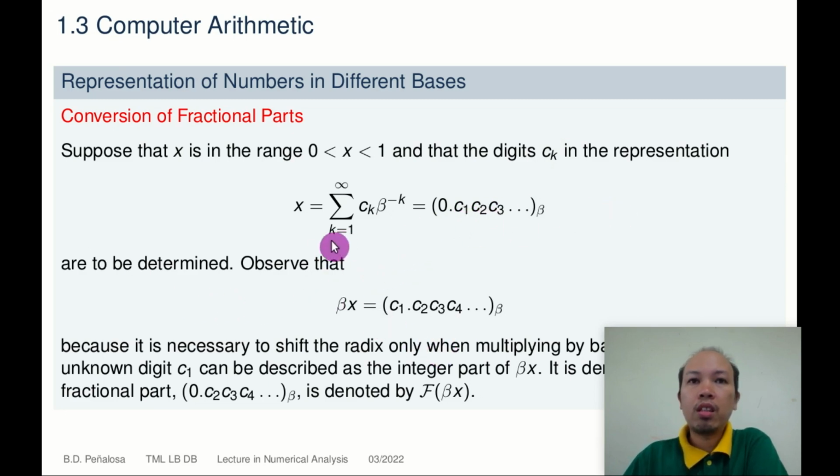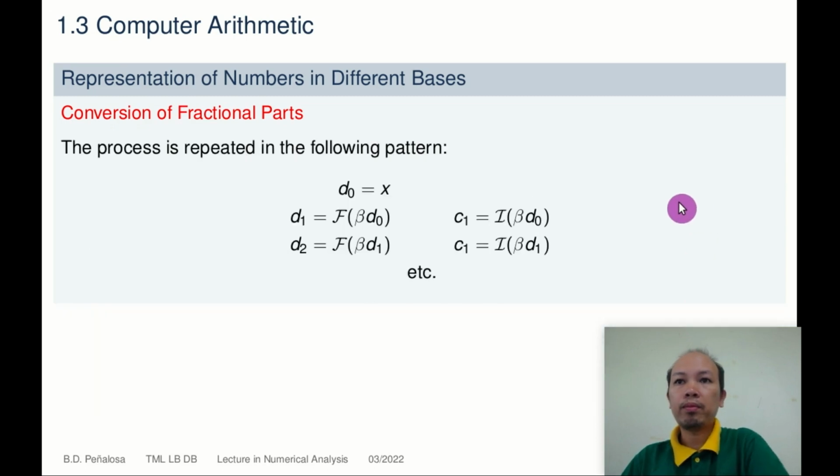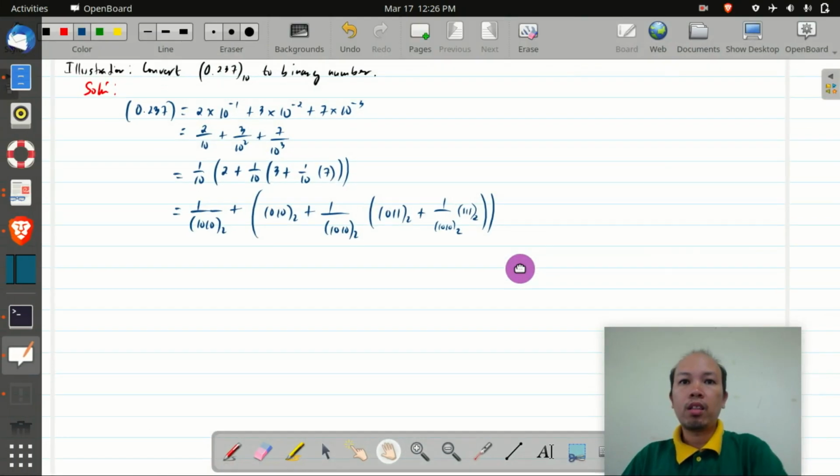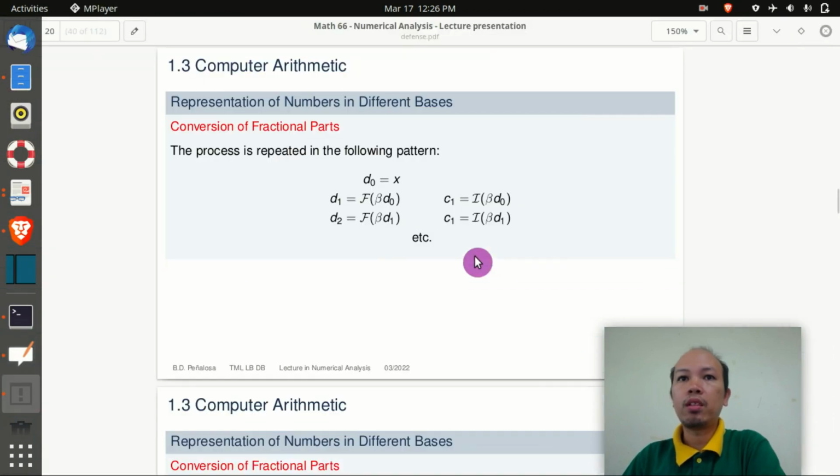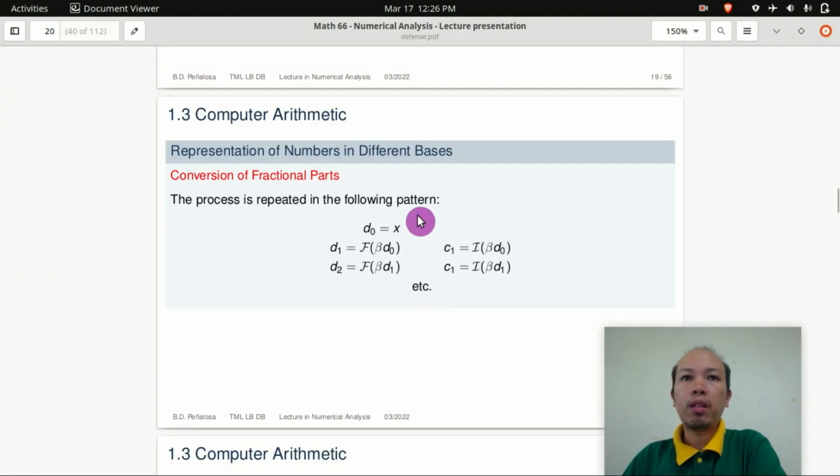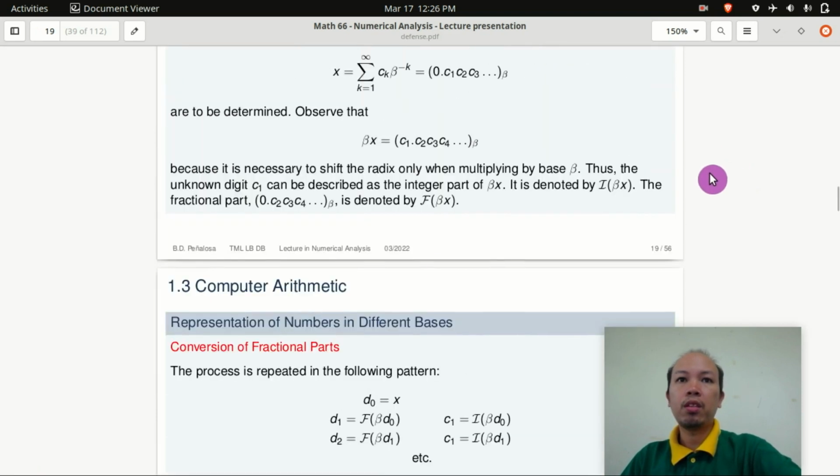As you can see, if we multiply both sides of this number by beta, we will get this form. It will move one place, because it is necessary to shift the radix only when multiplying by base beta.